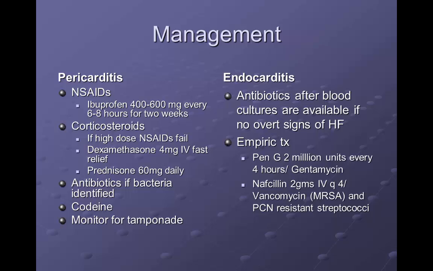Now, with a prosthetic valve, you could use, for example, nafcillin plus rifampin plus gentamicin, or you could do oxacillin with vancomycin, rifampin, and gentamicin. As you can see, when you have a prosthetic valve, you need higher coverage and a 3-drug combination: nafcillin or oxacillin plus rifampin plus gentamicin, or oxacillin plus vanco plus rifampin plus gentamicin. So you need better coverage with staphylococci.